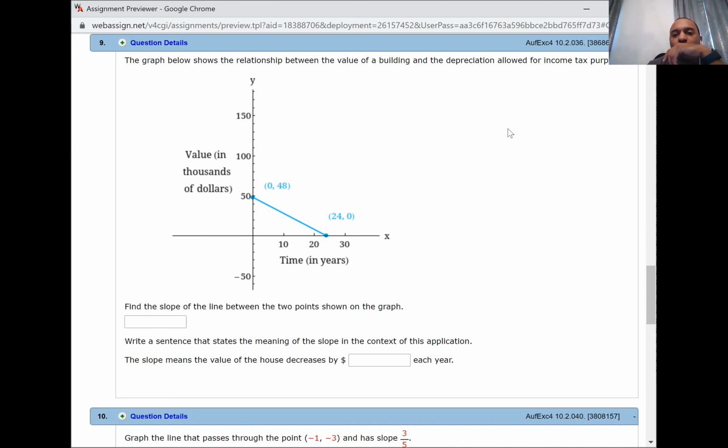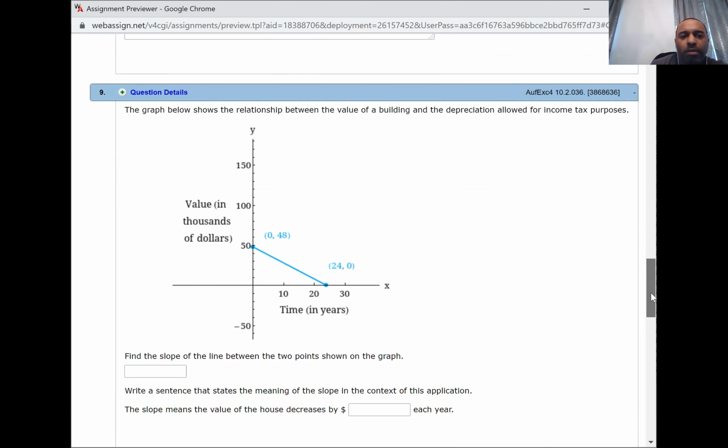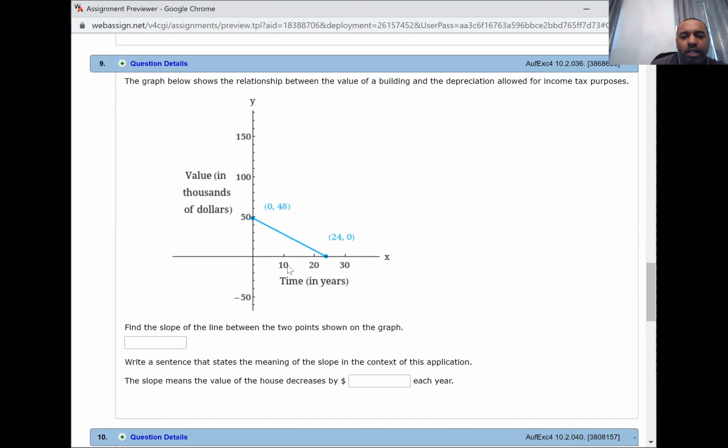Okay, hold on. What problem are you dealing with? What number? 10.1, and it's question number 4. Okay, since I got hers up, let me go ahead and answer a question about this one, and then I'll let you share your screen.